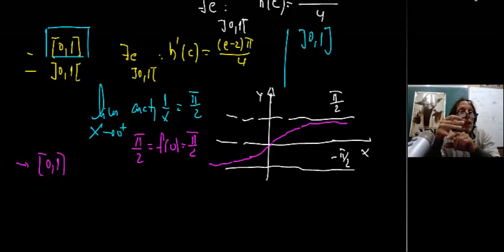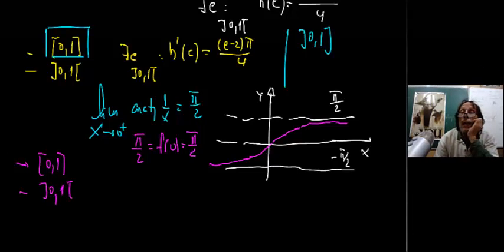So as the arctangent is differentiable on the open interval 0 to 1, and the exponential is differentiable all the time, I have a differentiable function on the open interval 0 to 1.